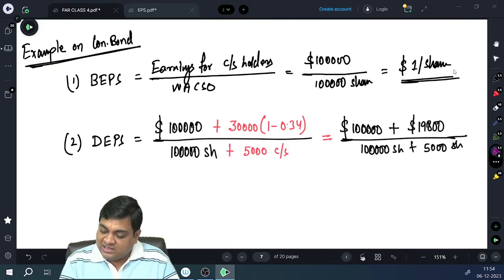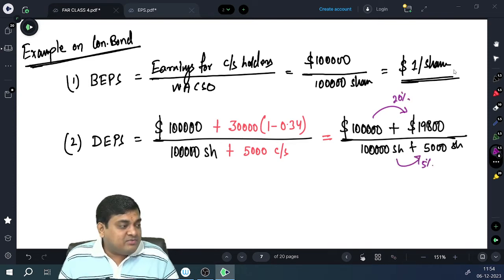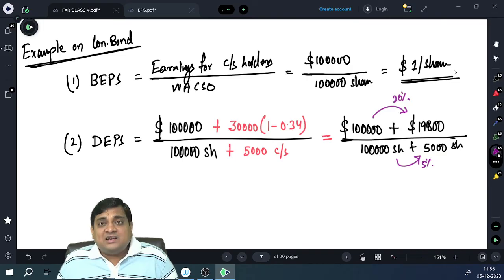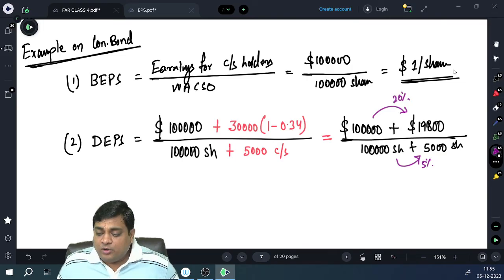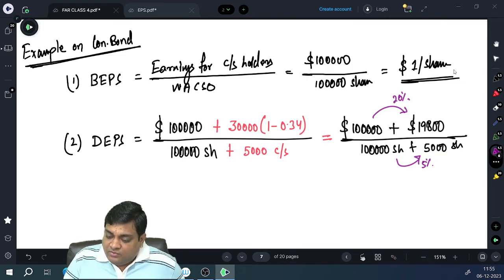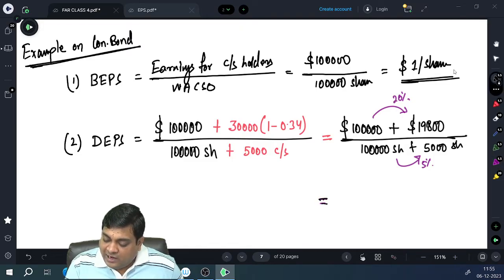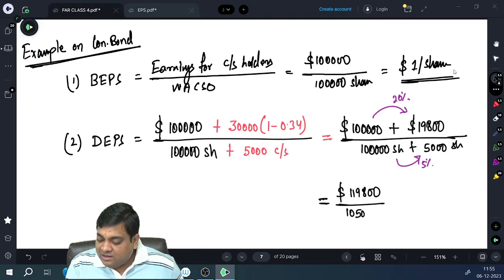Now here you can easily see the earnings are increasing by approx 20%, whereas shares are increasing by 5%. So as a result, it is anti-dilutive, so it would not be reported. If you see, your diluted earnings per share will come to 119,800 divided by 1 lakh 5,000 shares.